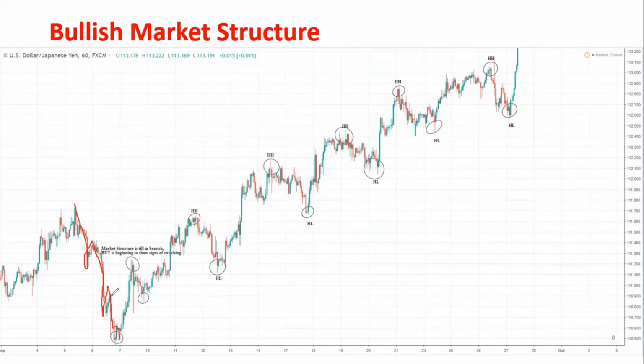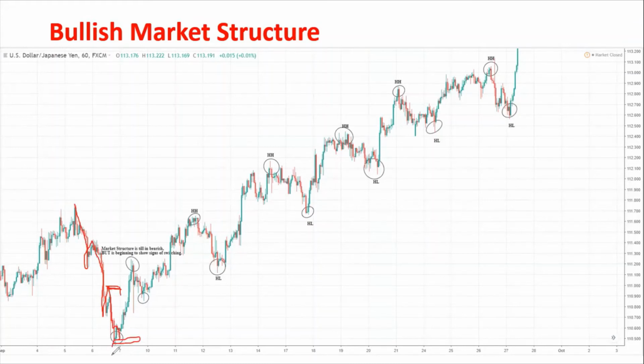When the market was at this low here, remember this market was in a bearish trend. It was going down, and as that market was going down, this was the last highest zone that price was at before going to this lowest zone here.